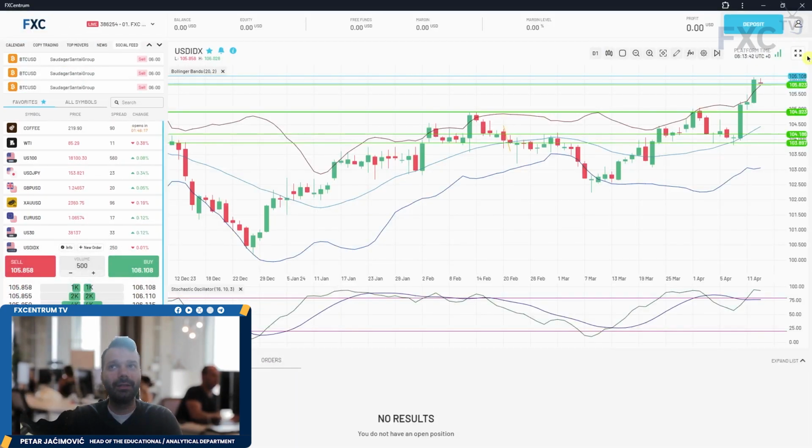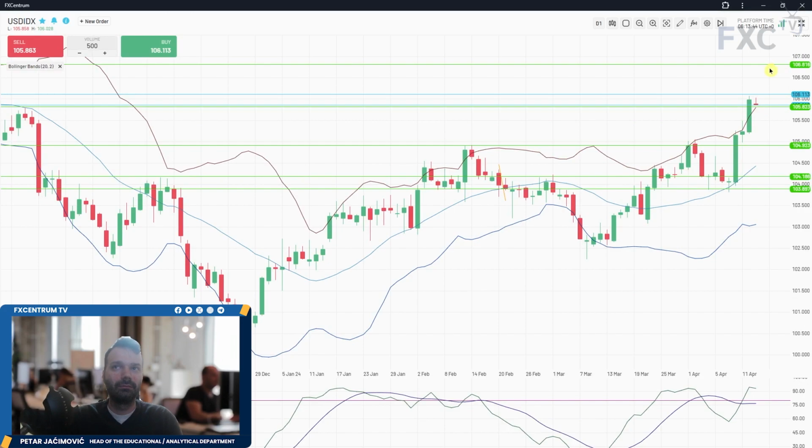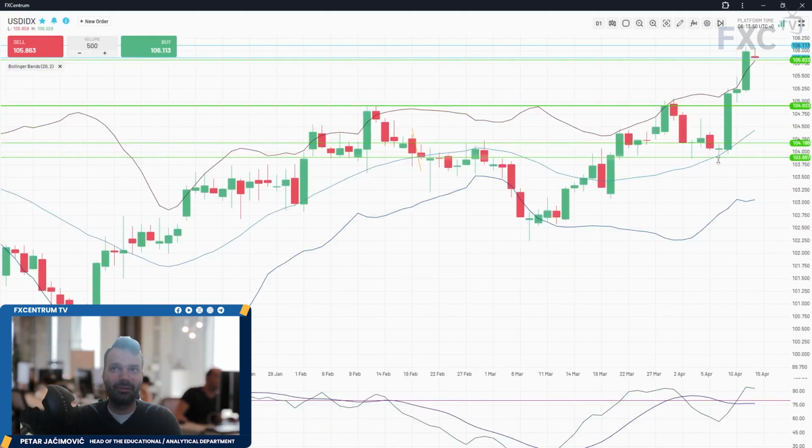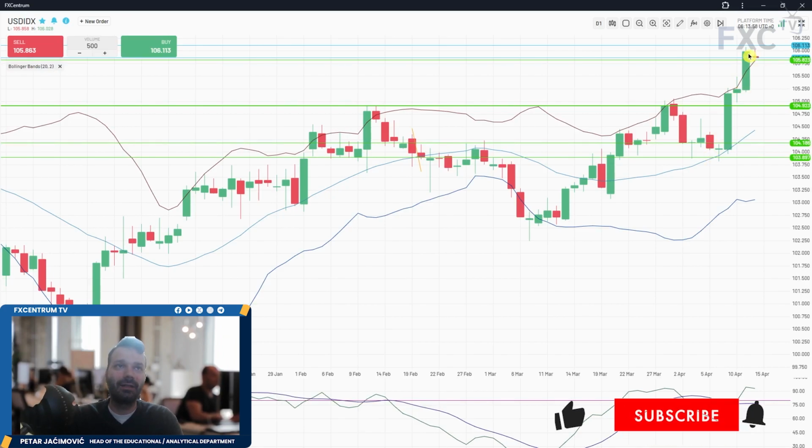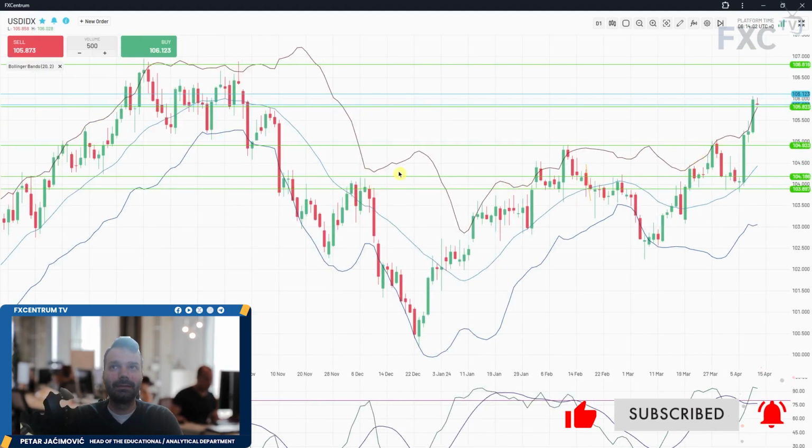And of course, the dollar index, as alerted last week, is on strong upside momentum. There was a strong rejection of 103.90 and 104.20, the middle Bollinger Band, last week. Friday closed pretty strong near the high, and we actually broke this mini 105.82.